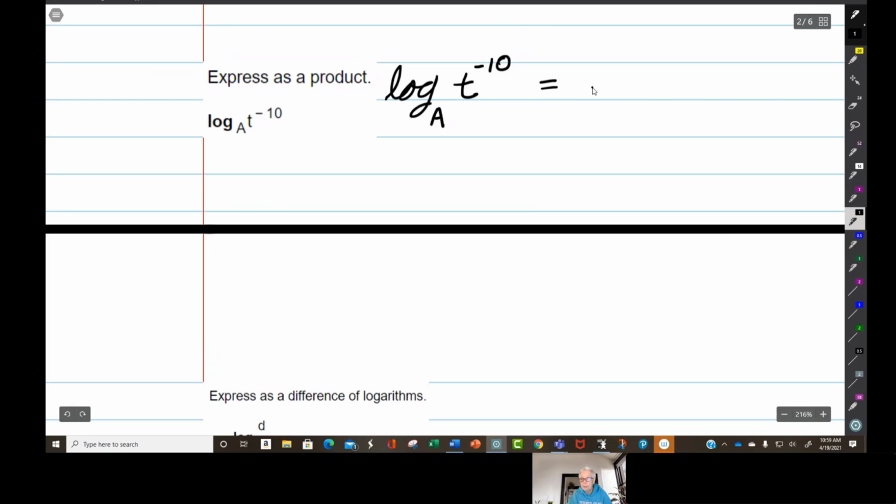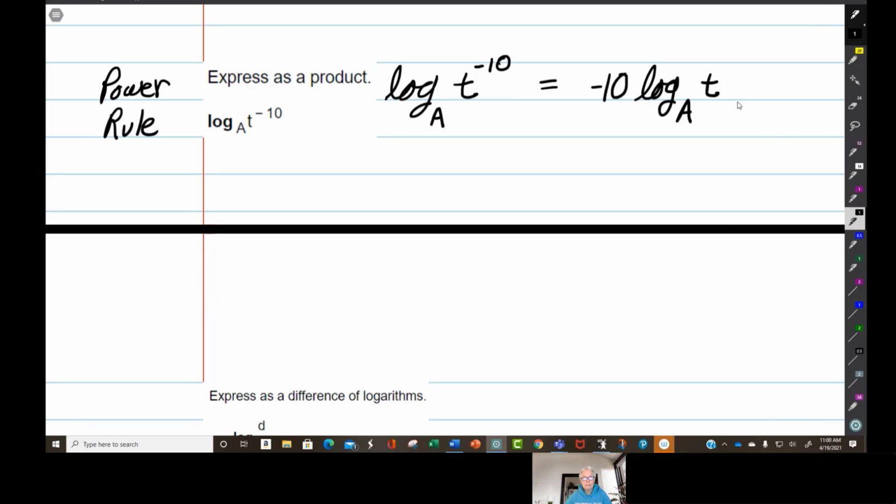That's because when you bring the negative 10 down in front, it multiplies log base A of t. So this is the power rule, even though they use the word product, because this is a product when you multiply.